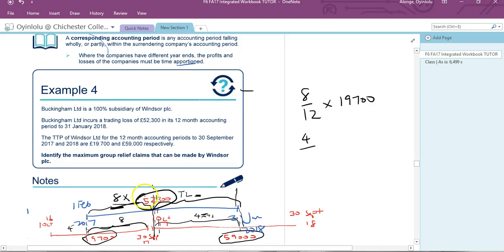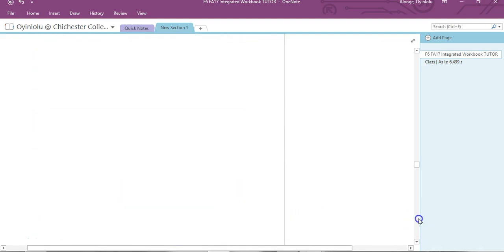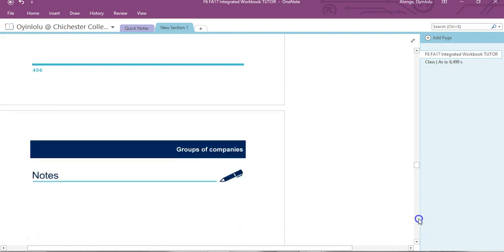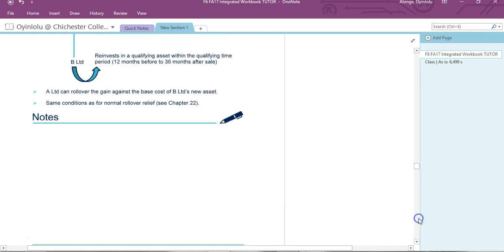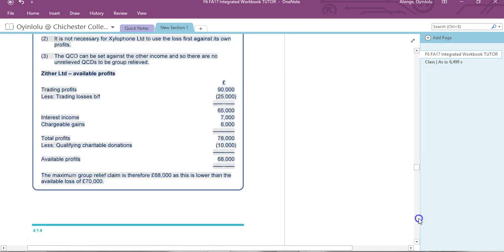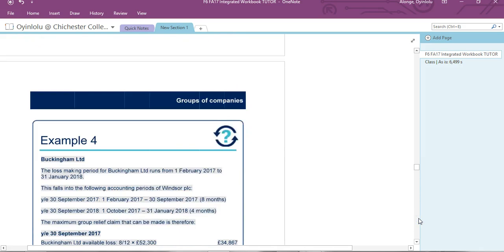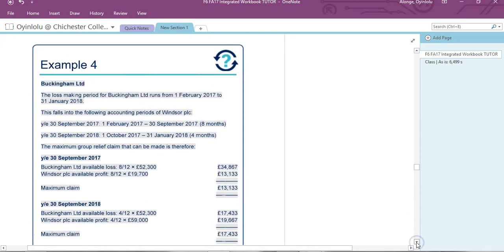So let me take you to the answers, because they have it done clearly that way. This typically comes up in the objectives and in section B. You want to be very awake to it. You can see what's happening very clearly.